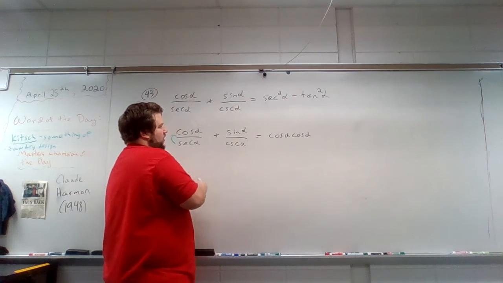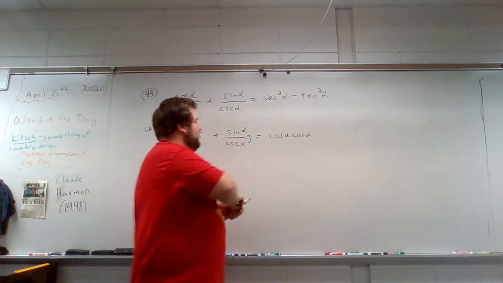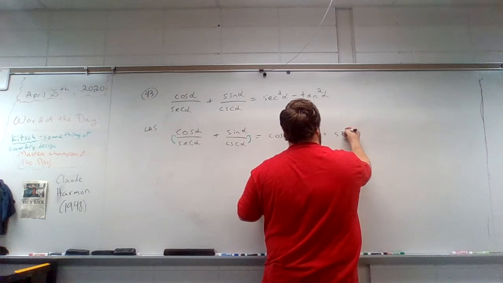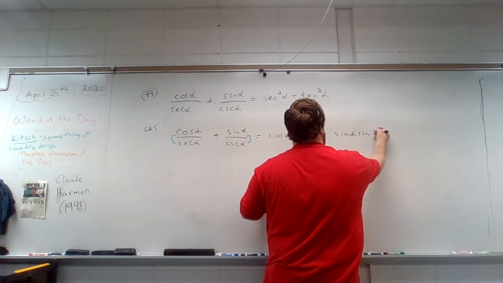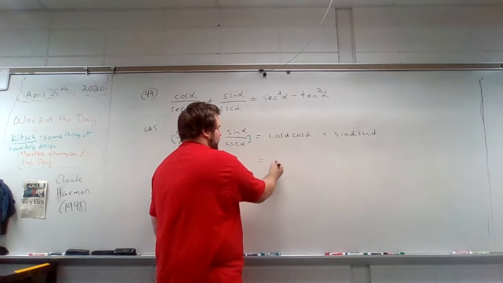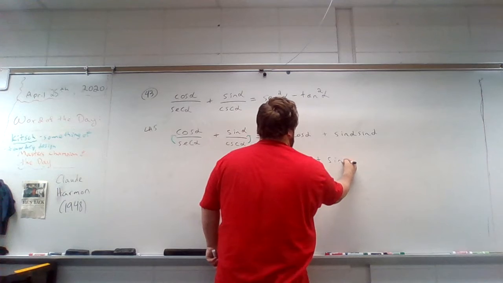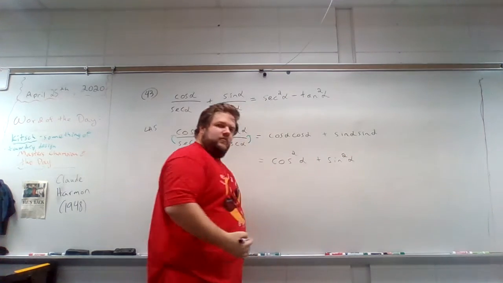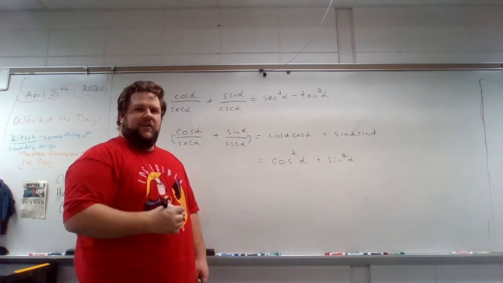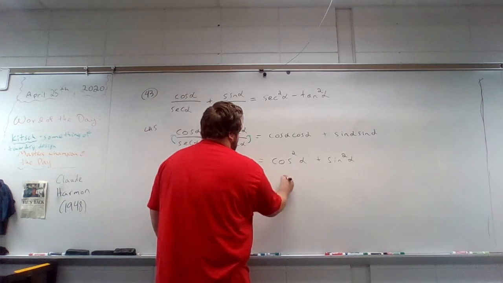And if I were to bump the cosecant alpha up, that would become a sine. So I would have plus sine alpha times sine alpha. And this all together is going to be cosine squared alpha plus sine squared alpha. But what's cosine squared alpha plus sine squared alpha? It's 1, right? So this is a 1.